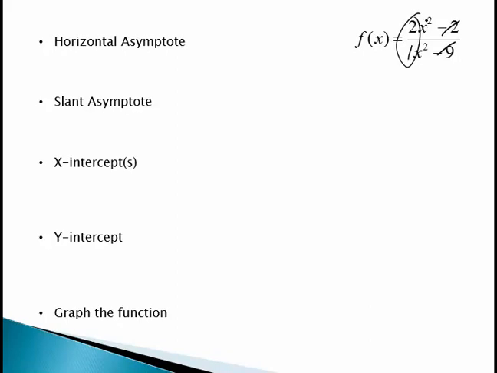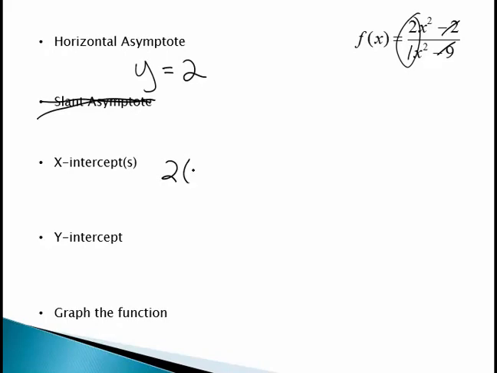They're going at about the same rate. So we're just looking at the ratio of the leading coefficients, which is 2 over 1 or just 2. Okay. Because there's a horizontal asymptote and the degrees are the same, there's no slant asymptote. Slant only occurs when the degree of the numerator is exactly 1 more than the degree of the denominator.